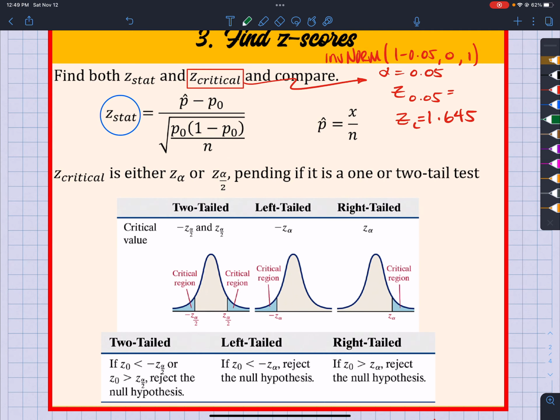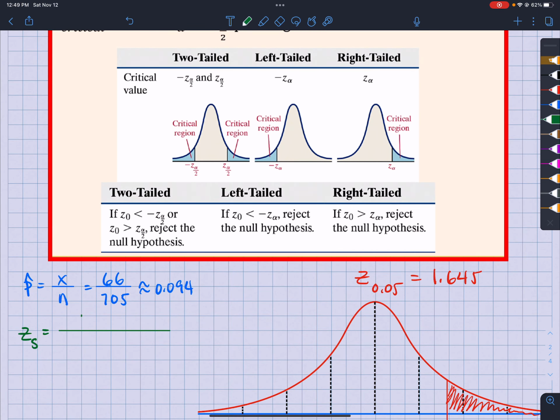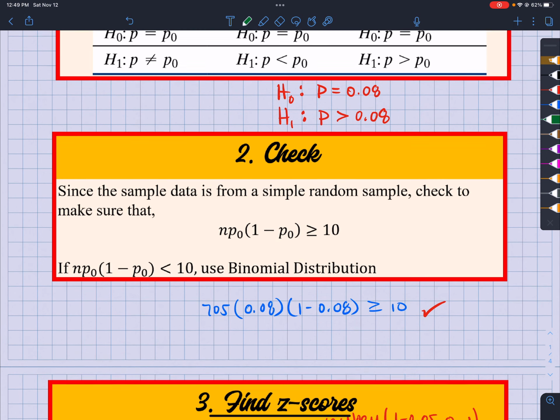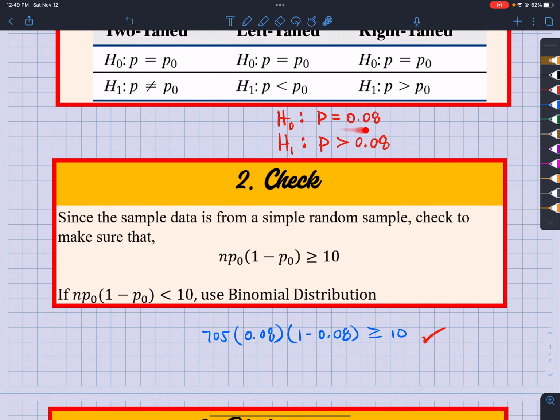Okay. So from there, let's now find my z-stat, which is equal to a big thing here. It says p hat minus p naught, which is 0.094 minus 0.08, right? Because that is a p naught right here, right?